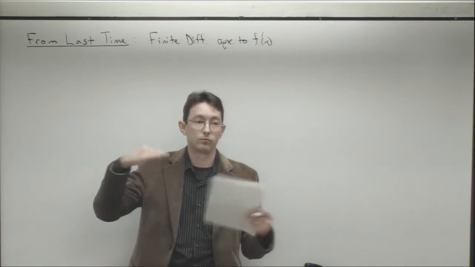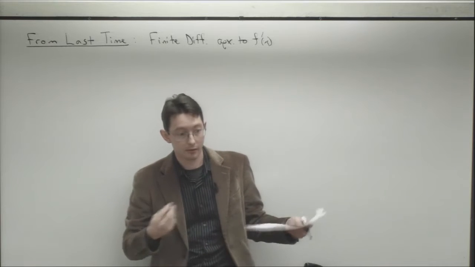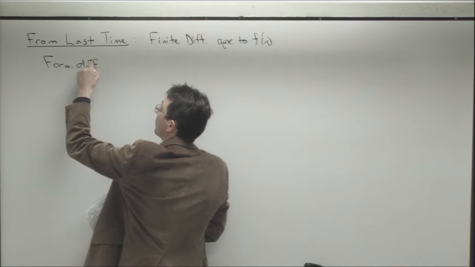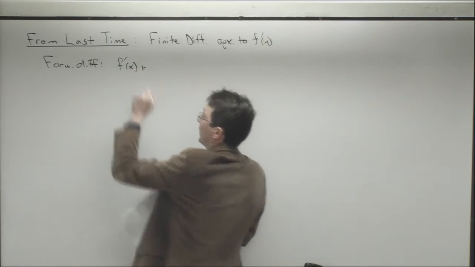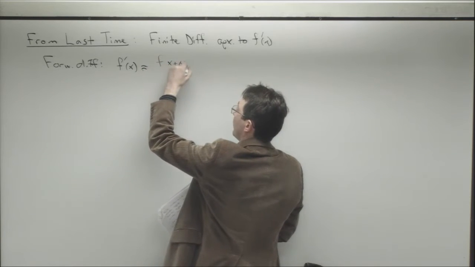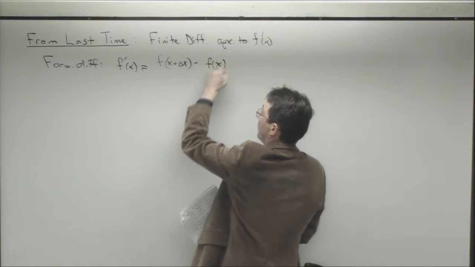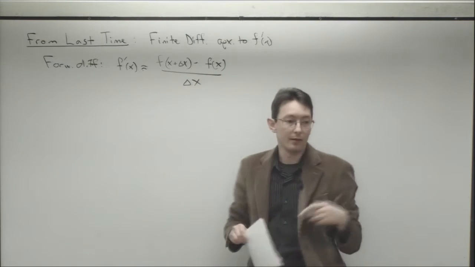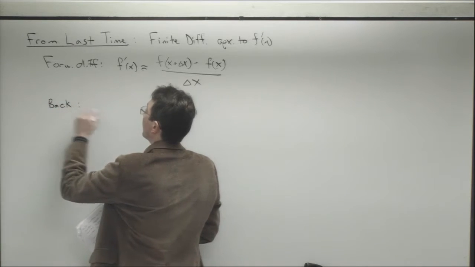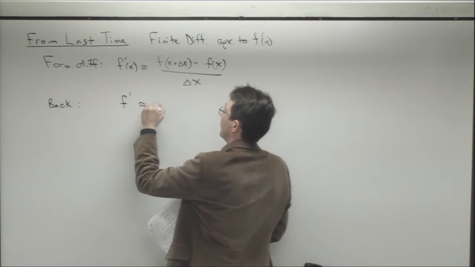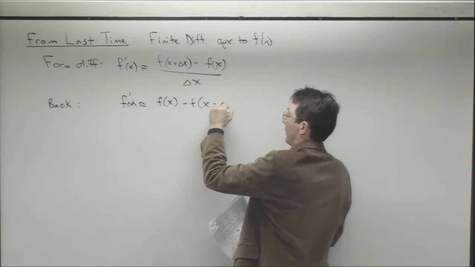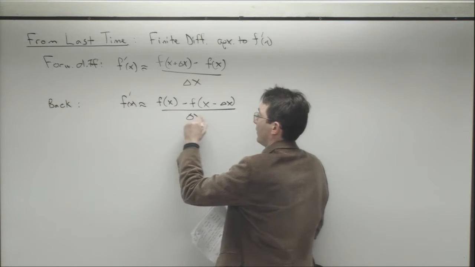Forward difference, backward difference, and central difference. Okay, so forward difference was f prime x is approximately equal to f of x plus delta x minus f of x divided by delta x. Okay. Backward difference was f prime is approximately equal to f of x minus f of x minus delta x divided by delta x.